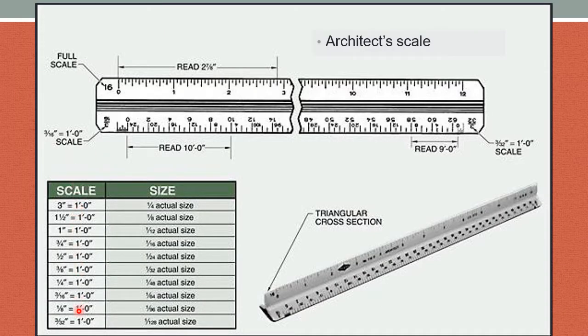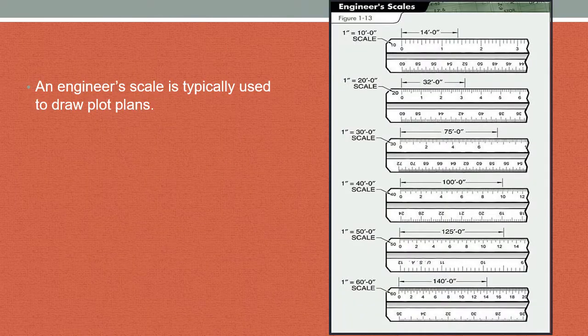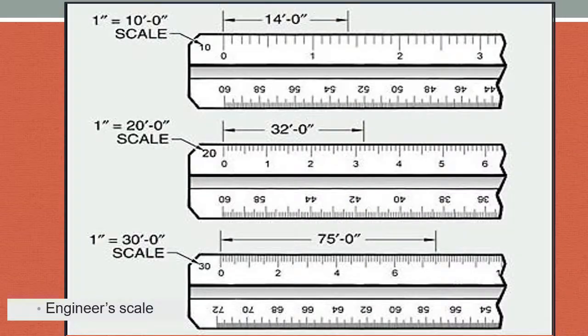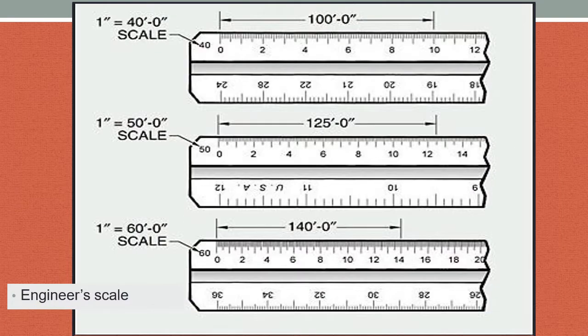Here are some of the different sizes that are used. But the engineer's scale will be used to draw plot plans and construction projects of that nature. Here are some of the examples of engineer's scale.